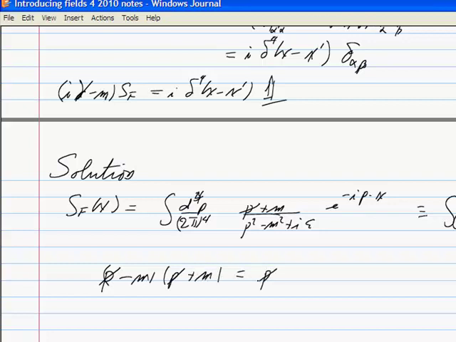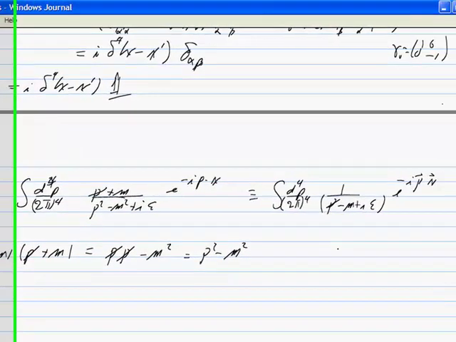Okay, that's p slash squared minus m squared. Okay, right, the cross terms cancel. That's equal to, well, that's going to be p squared minus m squared, and I'll just do the proof over here.